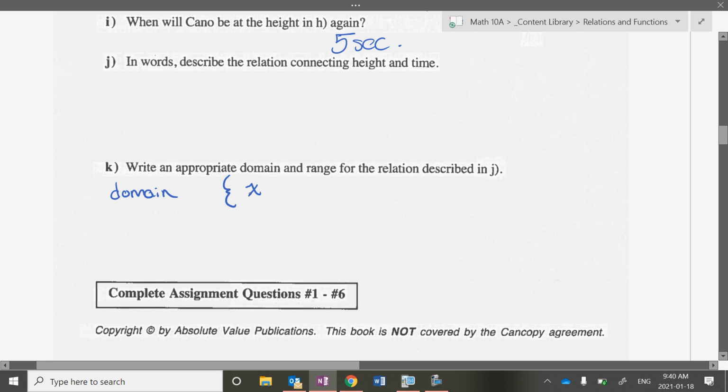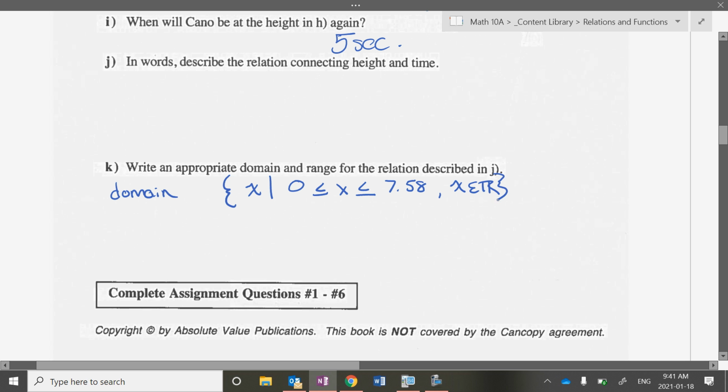So we have all x values such that x is between what 2 numbers? Between 0, right as he shot out of the cannon, till he hits the ground at 7.58. Within that, it's every single second in there.